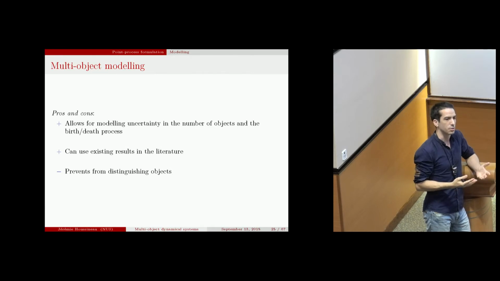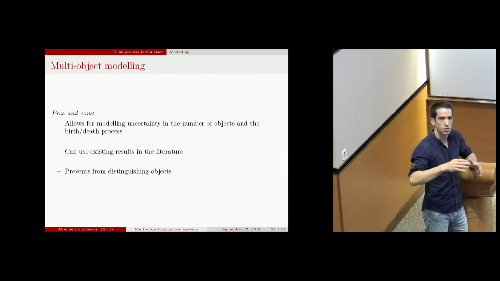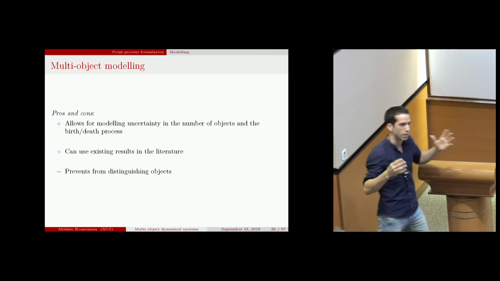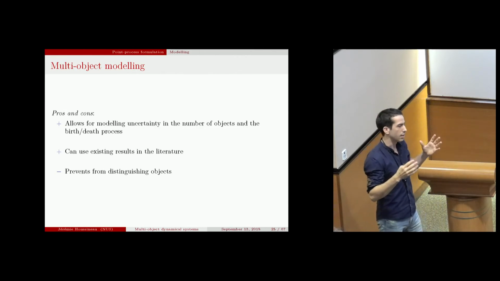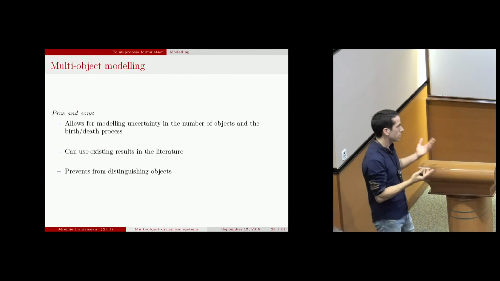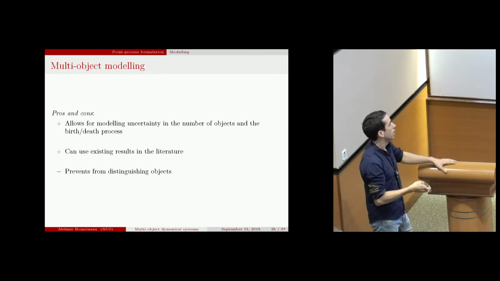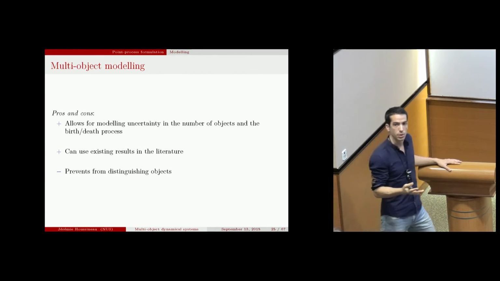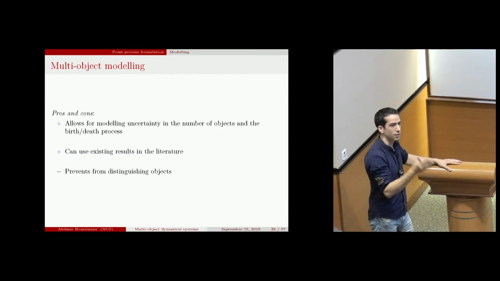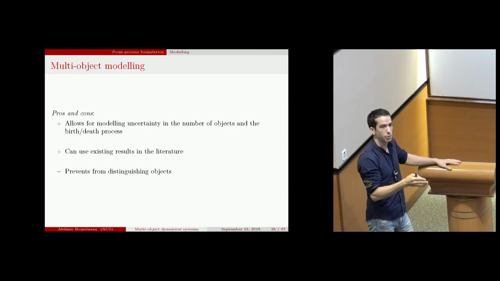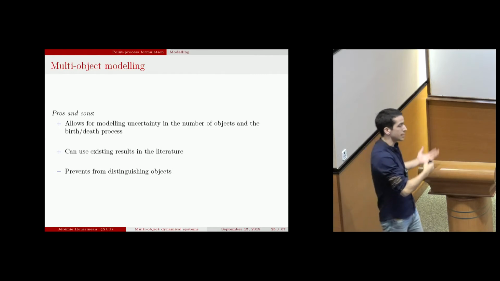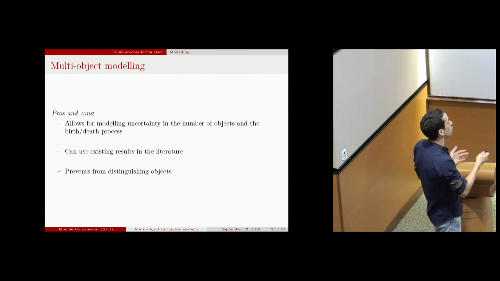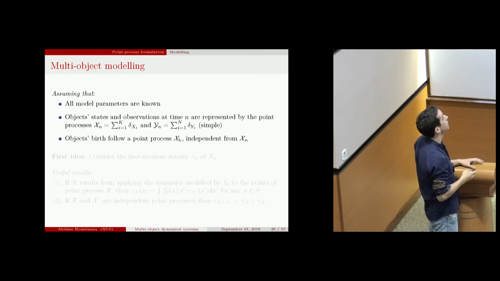That's a hard question because you don't distinguish objects. You're just interested in the population as a whole. In general, we lose the ability to do classification, because you can't say what happened to that particular object or how it is behaving. Everything is mixed together. It makes it simple, but it's something you lose, and in some applications it can be a problem.